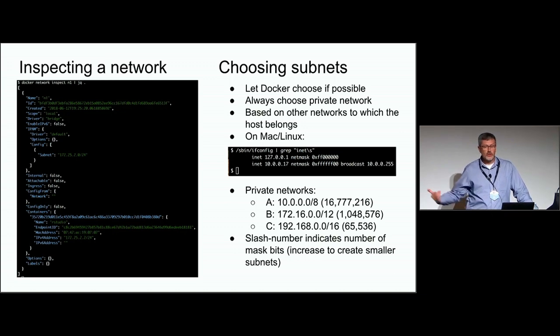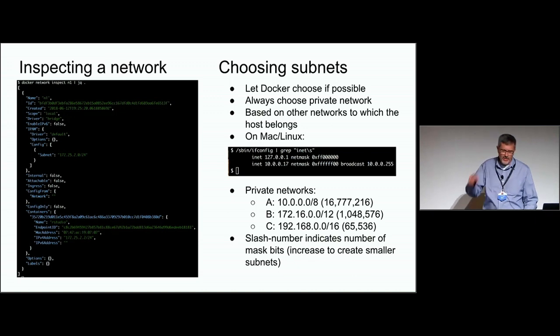Yeah, so you only need to specify subnets if you need to control this for some reason. I'm not sure what Docker does by default, but if you're running lots of networks or have lots of containers, you may want to tighten down and have more control over the subnets. And then, like I said, in some cases the applications or processes you're running in the containers need to be configured.